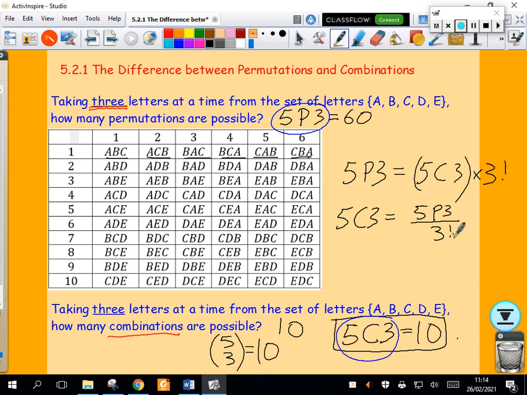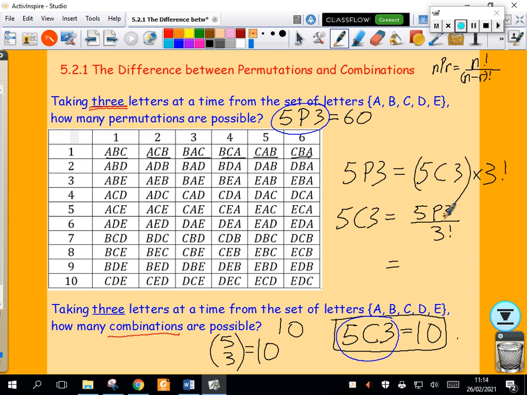In our previous lesson, we looked at the formula for 5 permute 3. In general, we said n permute r is equal to n factorial divided by n minus r factorial.